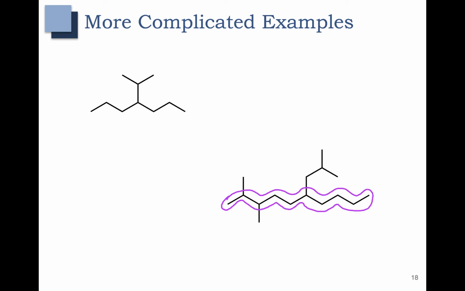We have 2 methyl groups and then a more complicated group over here. First, let's number our parent chain. We want to number 1, 2 from the left to put our first substituent at position 3. If we number from the right, we don't get our first substituent until 1, 2, 3, 4, 5.